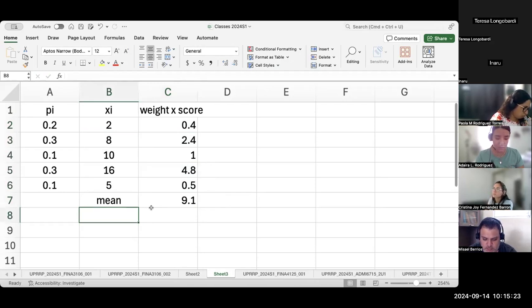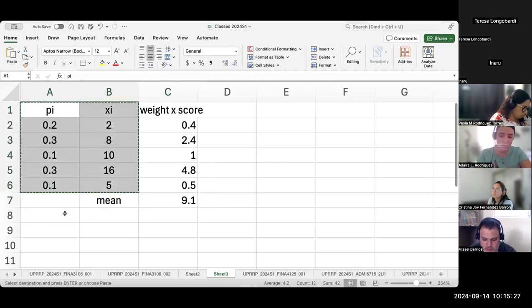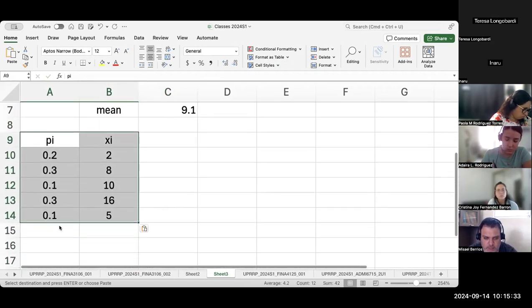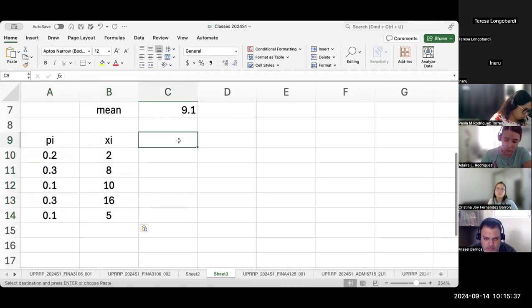So now I have the weighted mean. I'm going to take this data here. I'm going to start over down here. Just going to keep that because I need that value. And so we begin with the calculation of the standard deviation by getting the deviations from the mean, right?